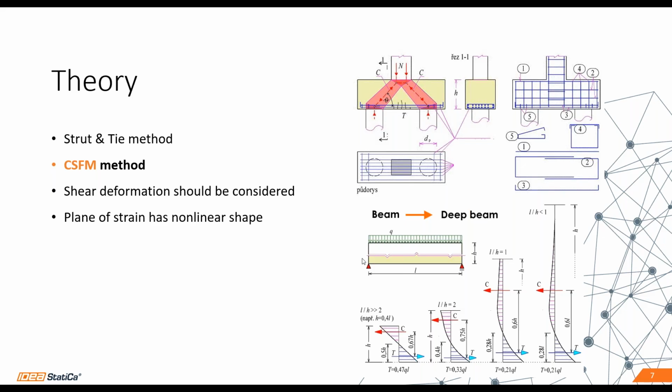And in the bottom part of the screen, you can see that if the ratio between the length and the height of the pile cap or the beam is less than 2, the plane of strain starts to be highly nonlinear. This is very important to understand, and you should use the analysis which we will present today. So this is the theory behind it.